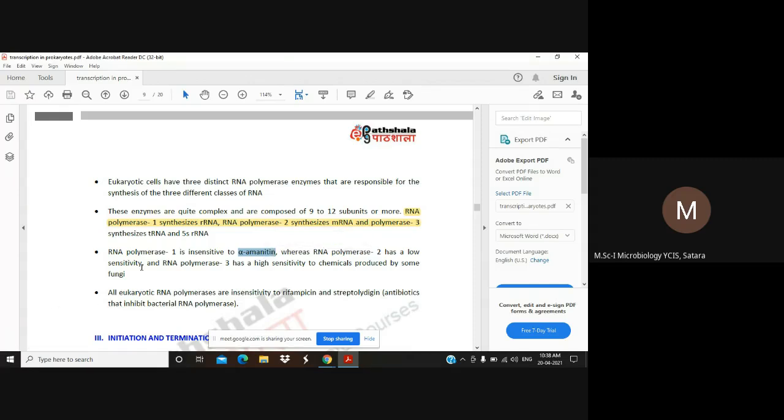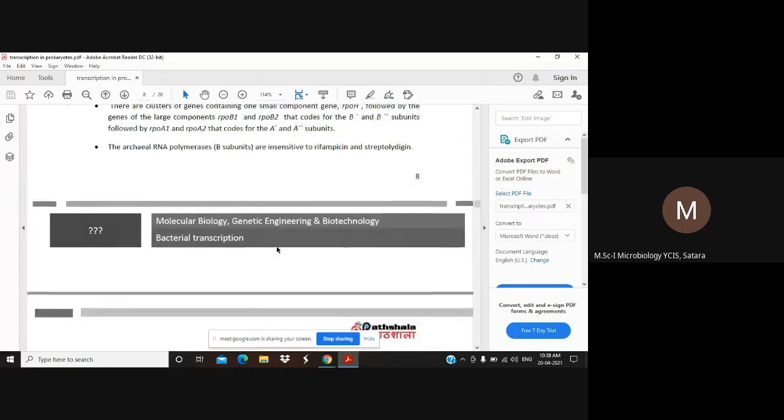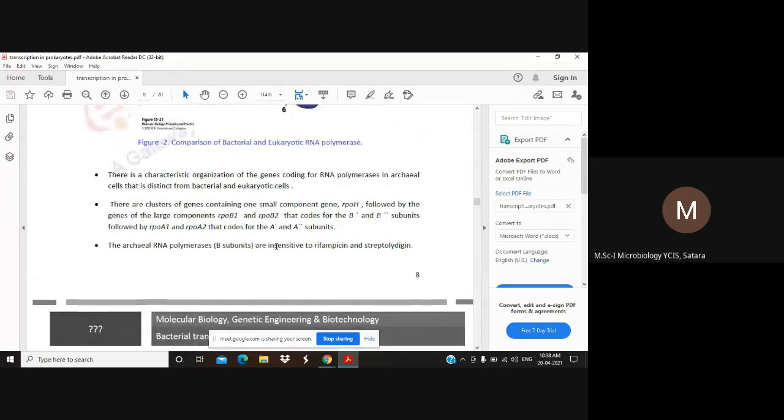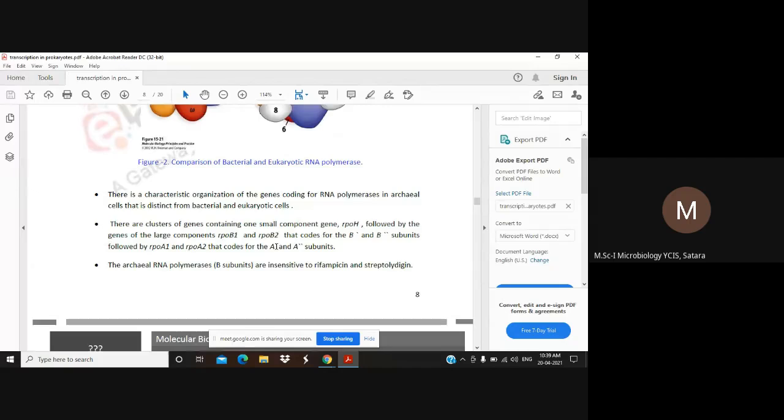So in case of eukaryote, there are 3 different types of RNA polymerases: RNA polymerase 1, RNA polymerase 2, and RNA polymerase 3. Which is the molecule synthesized by RNA polymerase 1? rRNA.